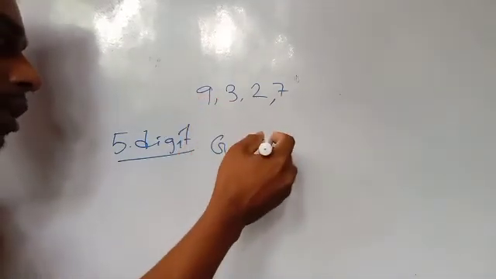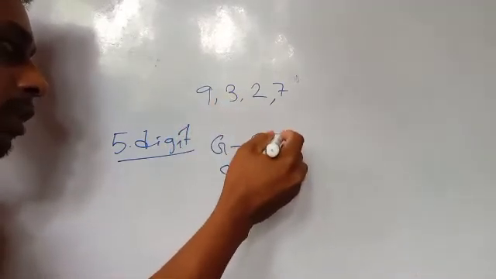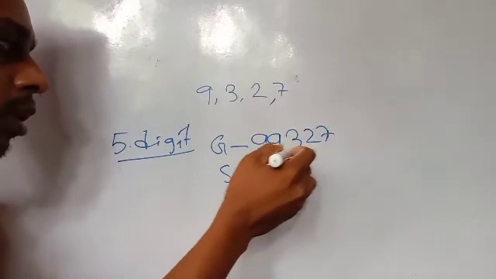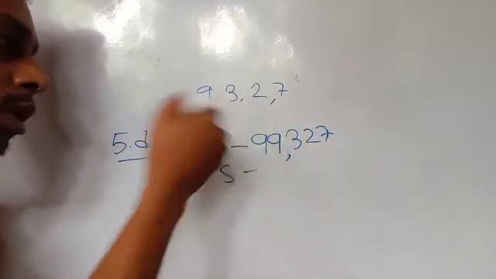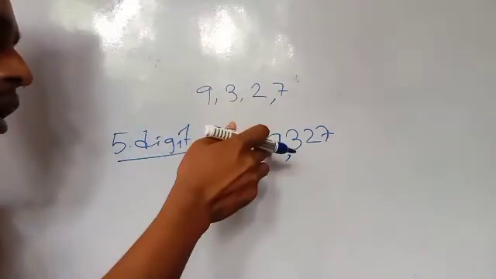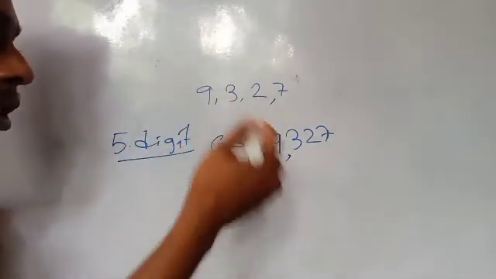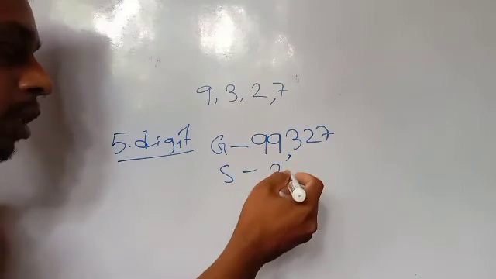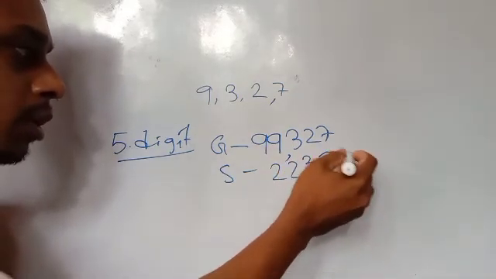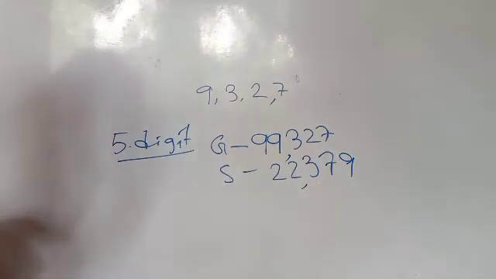So in case of the greatest number, the greatest digit will be repeated. 9 will be repeated 2 times. Then 3, 2, 7. All the digits you have to use, and one digit will be repeated. In case of the smallest number, the smallest digit will be repeated: 2, 2, 3, 7, 9.